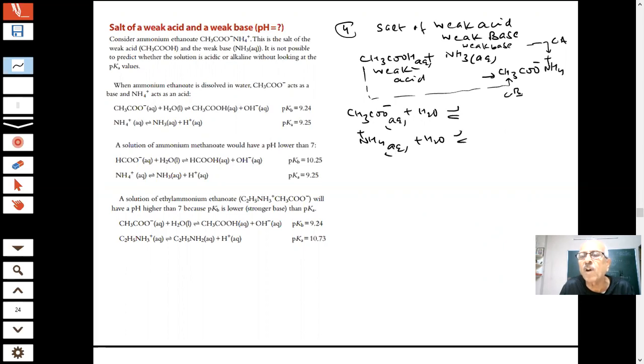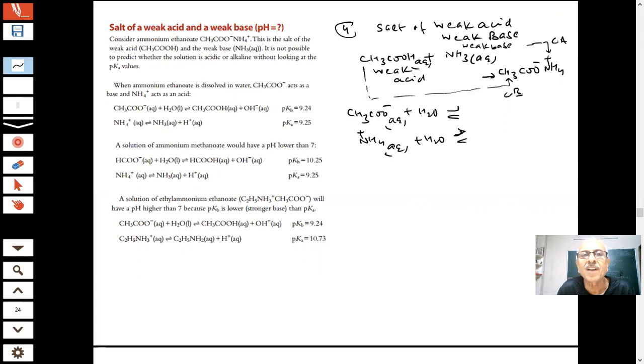Yes, they are, sir, because they are coming from a weak acid and a weak base. What will be the product in the first case if this is hydrolyzed? Both are hydrolyzed, student. The conjugate base of a weak acid and the conjugate acid of a weak base.